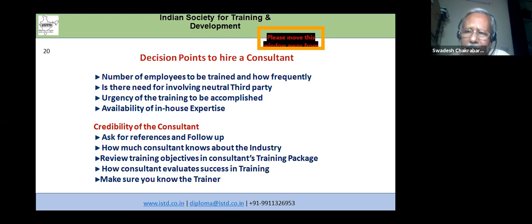So you may have to hire a third party who will become a mediator kind of thing, who will observe the kind of training being given by the consultant, whether it is suitable to the organization or not. When there is a feeling of urgency, the training has to be accomplished within a particular point of time, and the number of people is very high, then we may have to hire consultants from outside and give many trainings simultaneously so the number may be achieved, right?